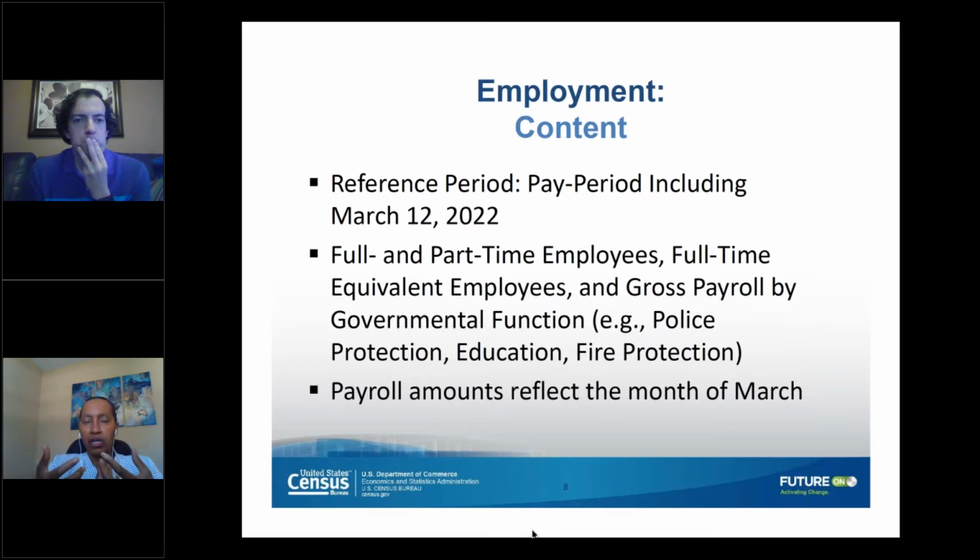When we say government function, examples would be financial administration, fire protection, police protection, natural resources, parks and rec, which you'll see in my next slide. It's very interesting, as well as education. Those are a few of the government functions for which we provide data.